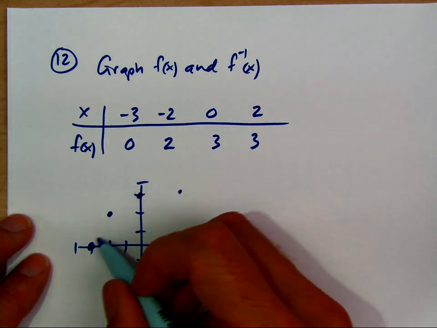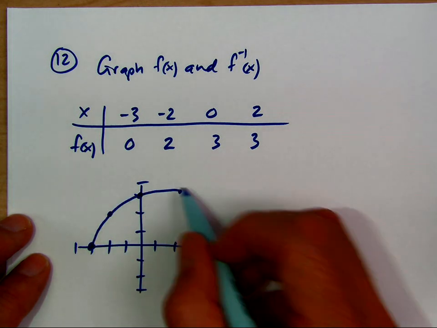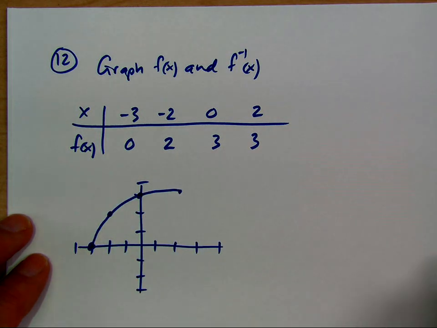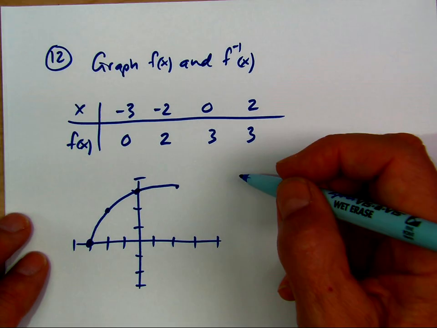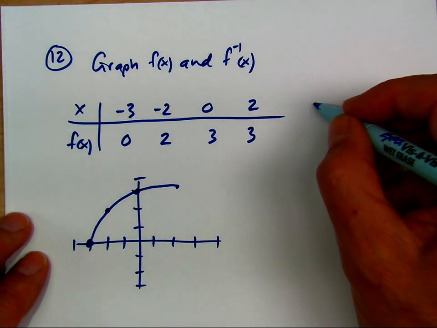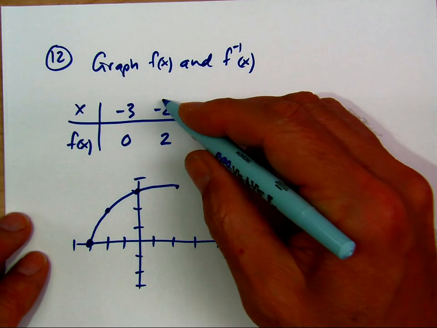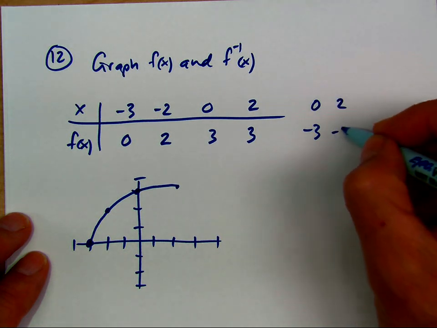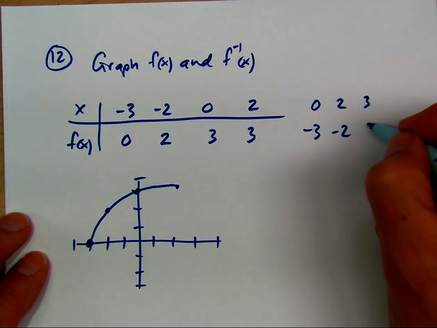So we have that graph, and then we just switch all of these, so we'll have 0, -3, 2, -2, 3, 0, 3, 2.